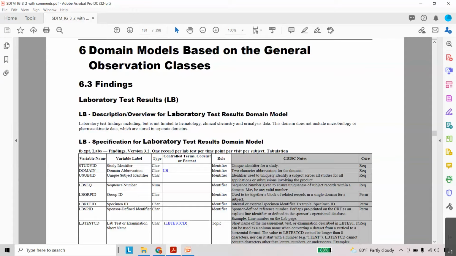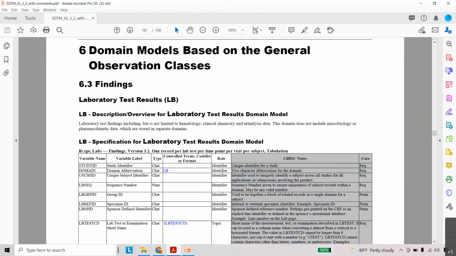The regular analysis, lab related information, will be captured in the laboratory test results. Usually the laboratory test results is called a complex domain, and we will discuss why it is called a complex domain. After explaining the variables, I will provide more details on that.